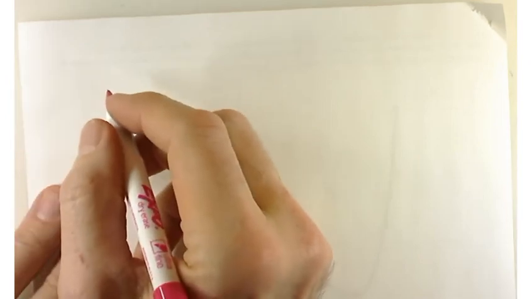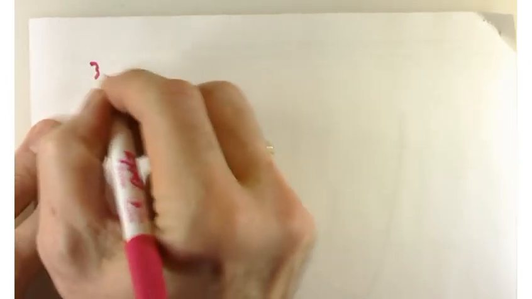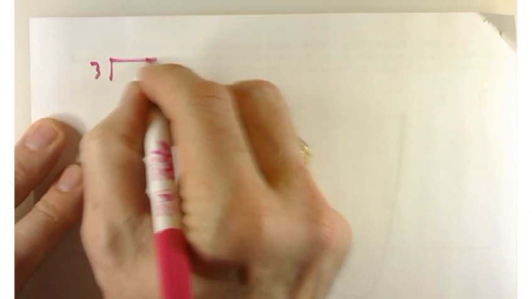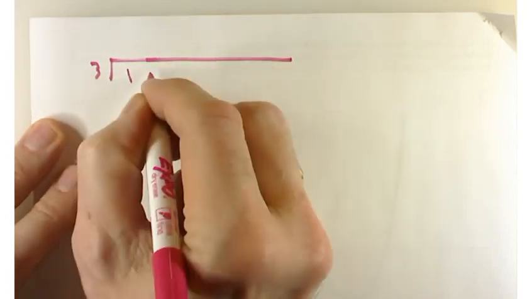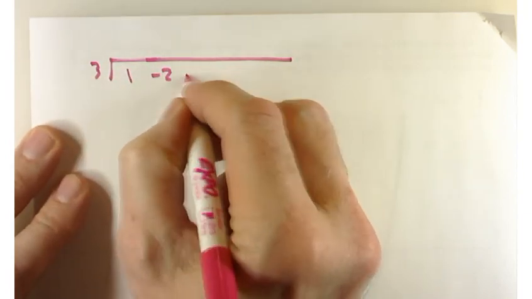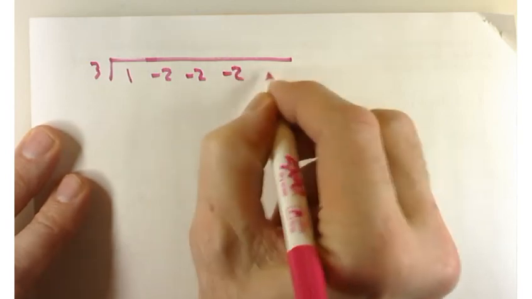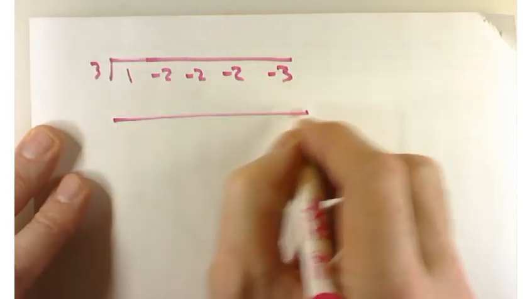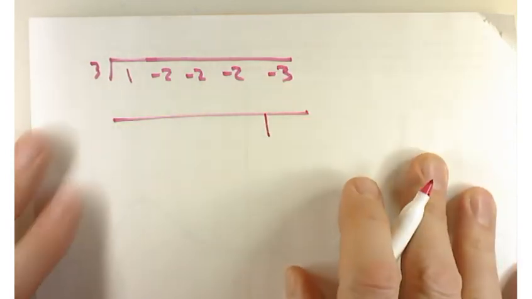We've got 3, 1, -2, -2, -2, and -3. Is that better?